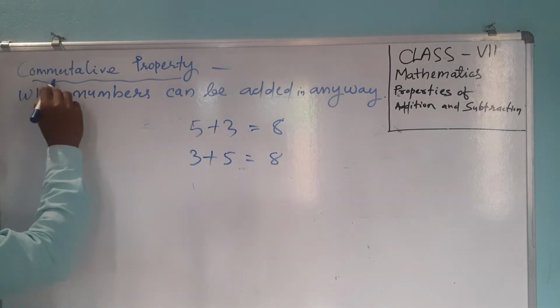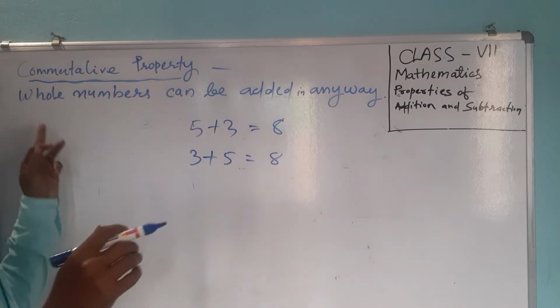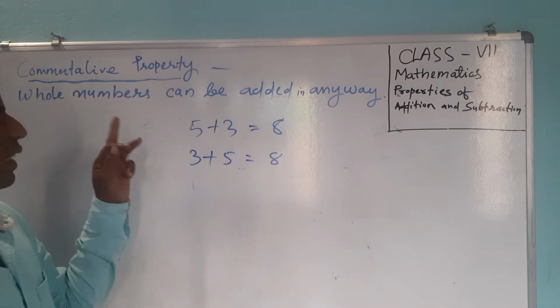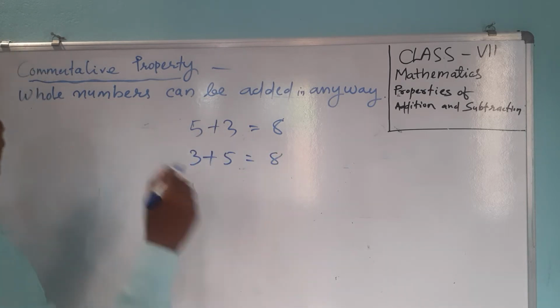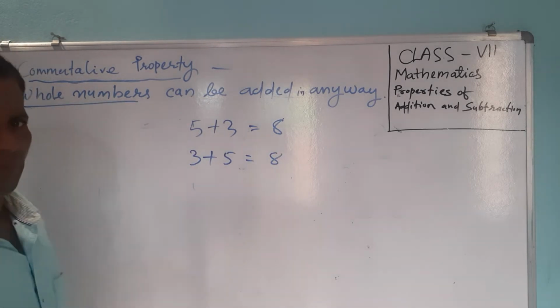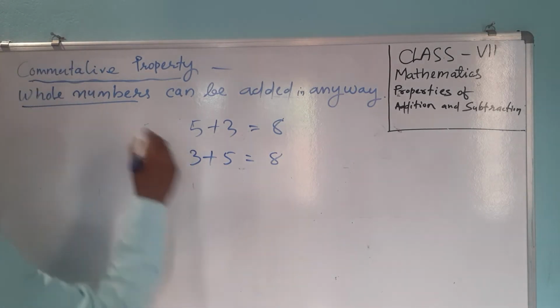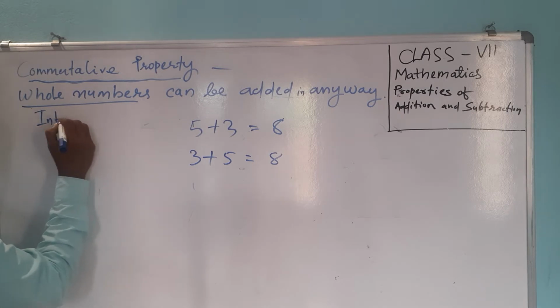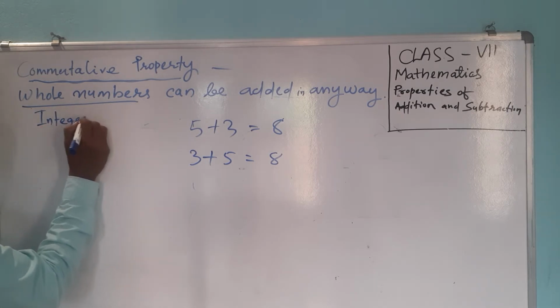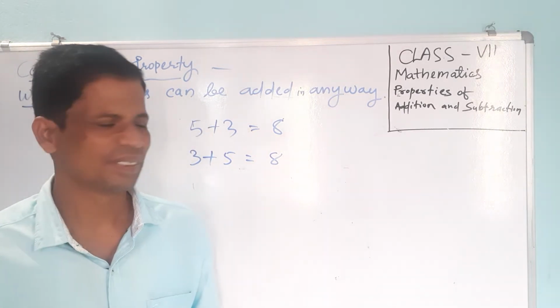So the commutative property is nothing but this: whole numbers can be added in any order. We already learnt this in the previous class. Today I write here that integers can be added in any order.